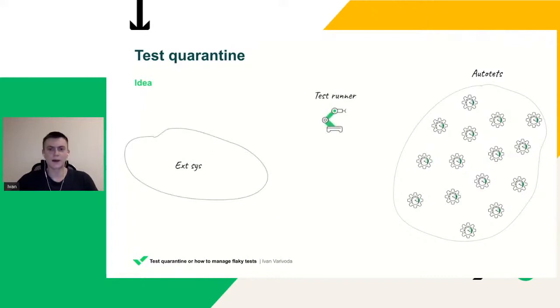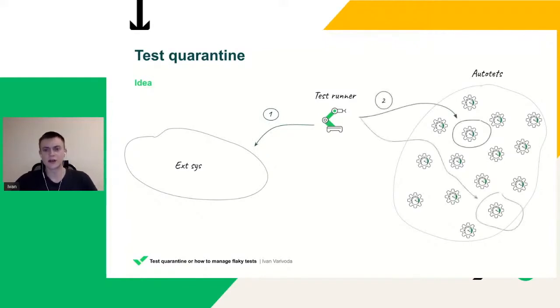And you have one more module, the test runner here. Firstly, the test runner gets all information about flaky tests, or isolated tests, from the external system. Then it recognizes these tests among all our tests. And after these actions, it can work only with the necessary, not isolated tests.